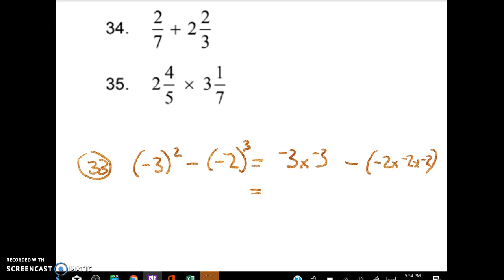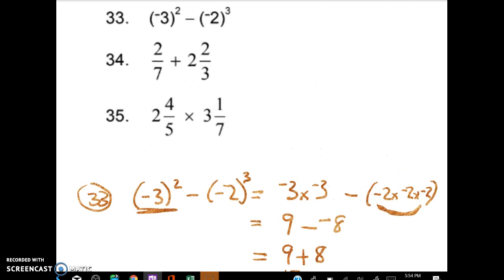So I'm working out what's in the brackets first, right, and I'm doing my exponent. So here we get 9 minus, again I've got a negative times a negative, which is positive, times a negative. So that gives me minus negative 8. That's the same as 9 plus 8, which is equal to 17.